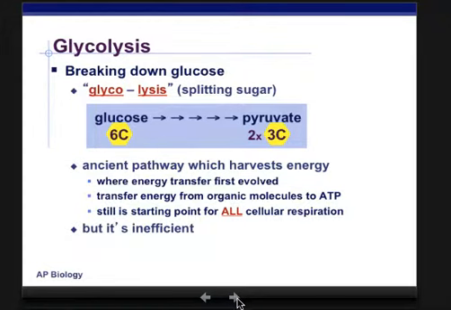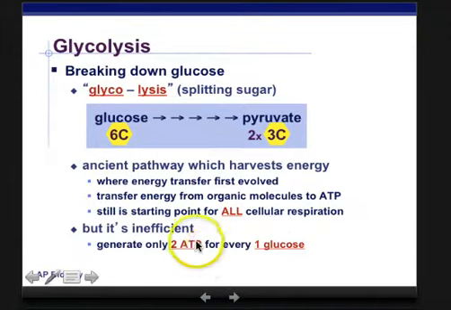But it's inefficient. Why? Because we're only generating 2 ATP at this step for every 1 molecule of glucose. And there's an investment of energy too. So this basic part, this original part that prokaryotes did too, the glycolysis, doesn't give us a whole lot of oomph for each thing that we're eating here.